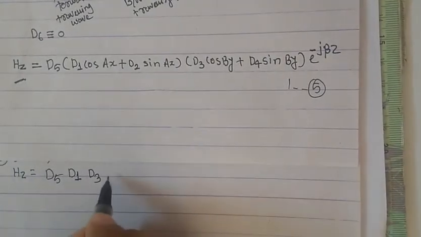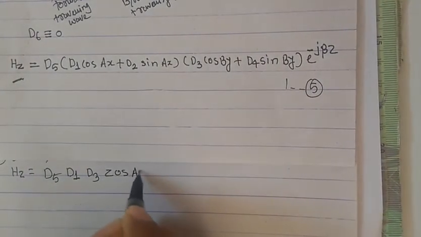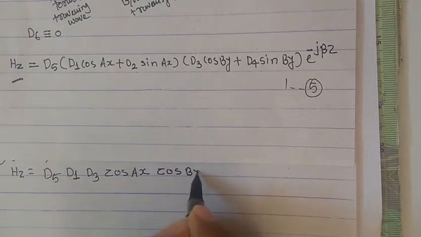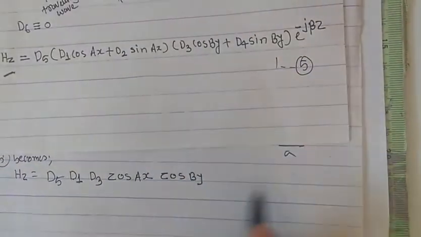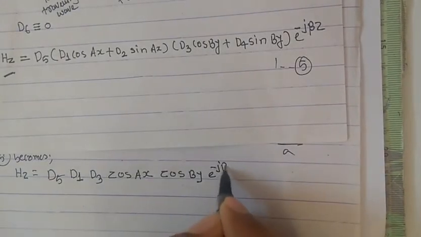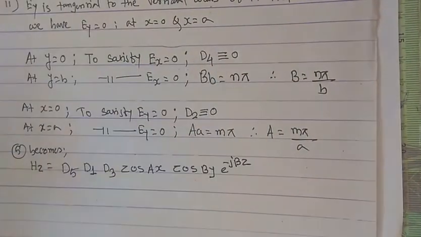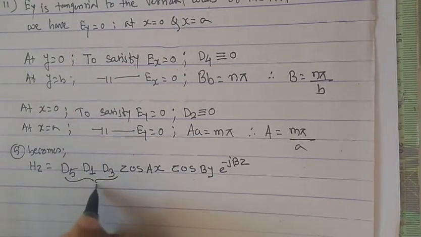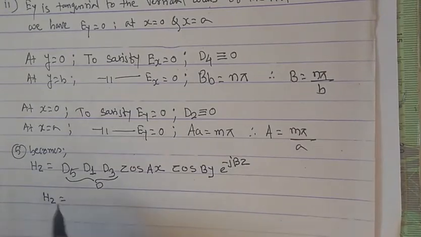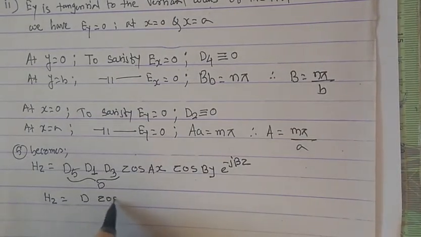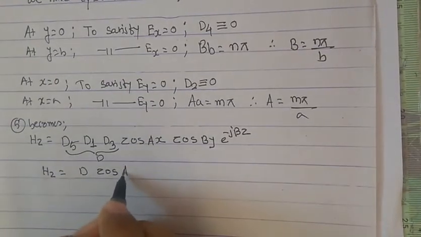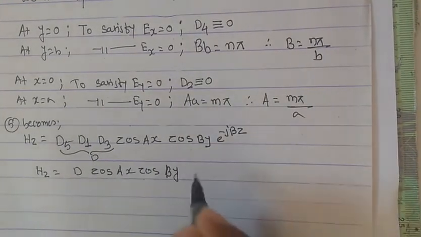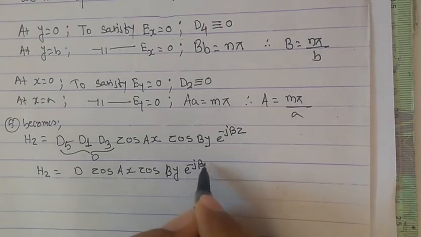Then cos ax cos by e raised to minus j beta z. So let us assume this is some constant d. Hz will be d cos ax cos by e raised to minus j beta z.